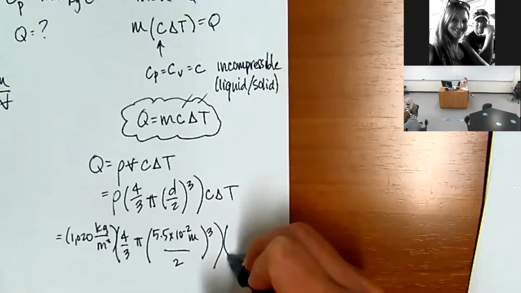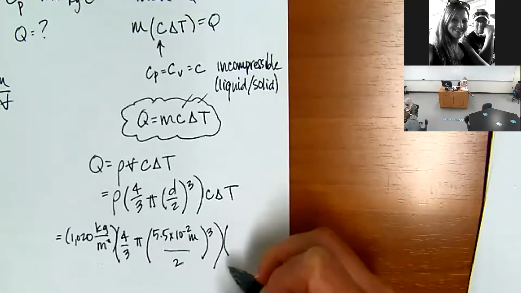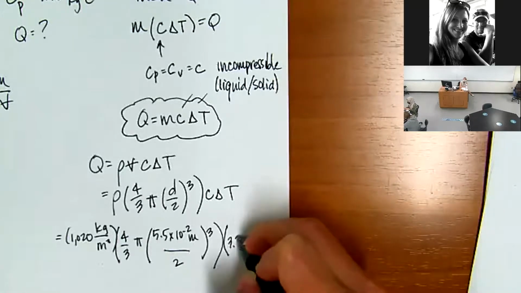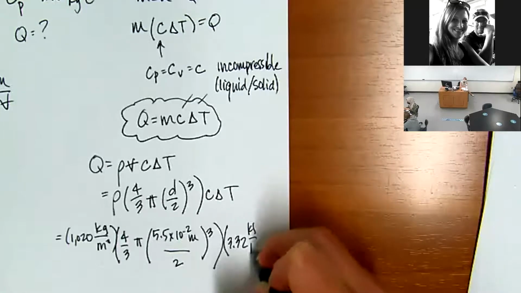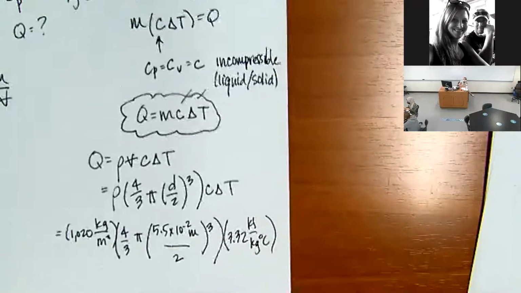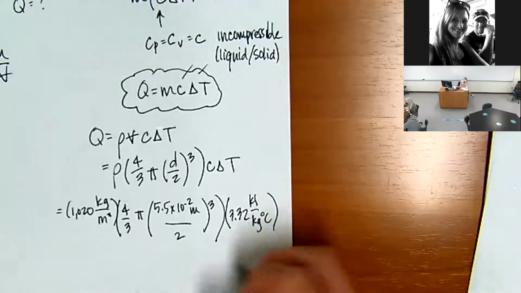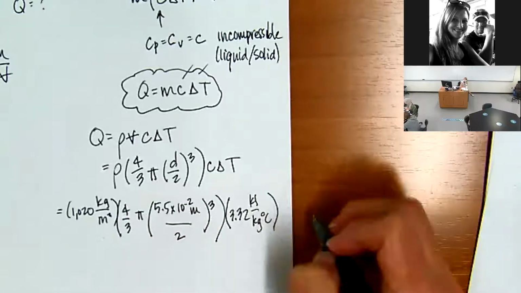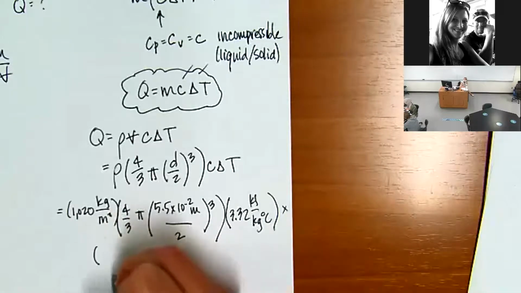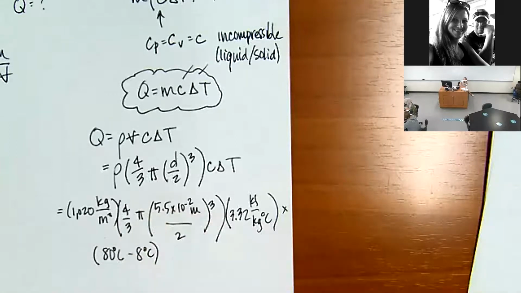Our C value, which is given to us to be 3.32 kilojoules per kilogram degrees Celsius. I'm going to run off the page. So then times our delta T, which is 80 degrees Celsius minus 8 degrees Celsius.